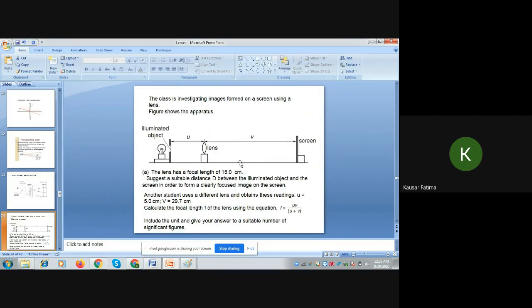We know that when the object is between f and 2f, the image forms beyond 2f. If this is 15 and this is 15, 2f is 30, and with this 20, it means 50 centimeter may be the appropriate answer.